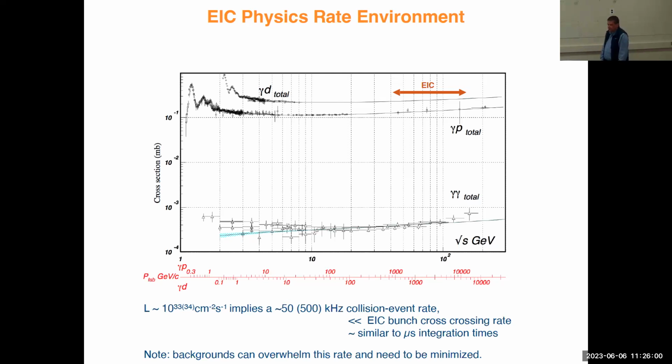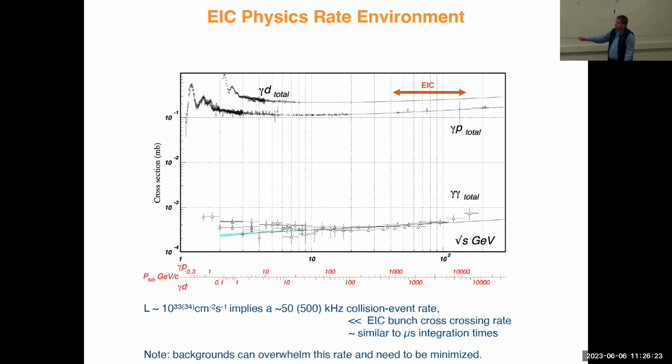It is of course true that this is much, much smaller than the bunch crossing rate at the EIC. So that also means that most of the bunch crossings don't result in a physics collision. The situation is very different in the hadron colliders, where it's typically more than 1 collision per bunch crossing. And of course, truth in advertising, at an EIC background rates could be larger.